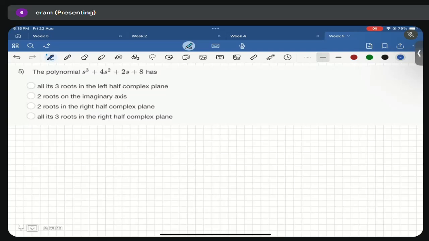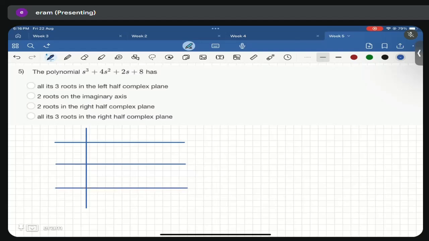Now solve for this polynomial. All roots in left half plane.